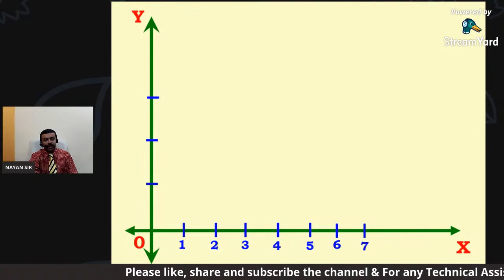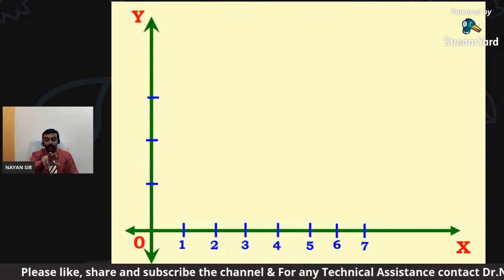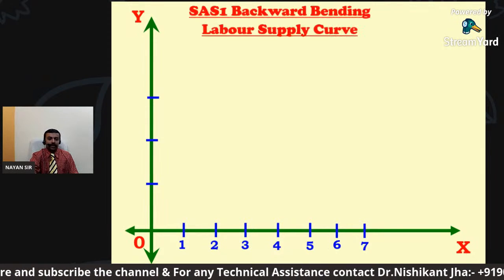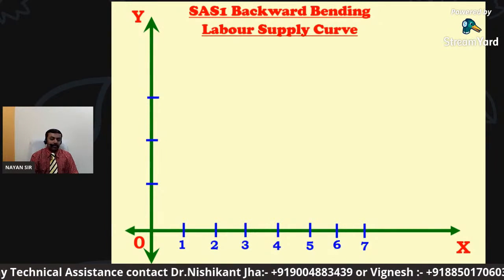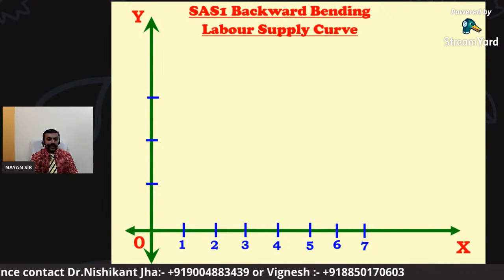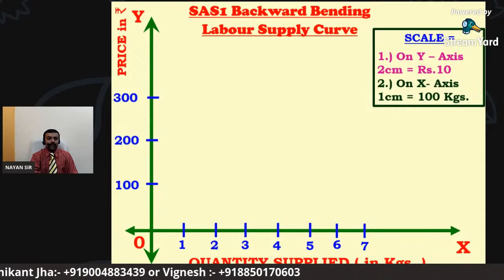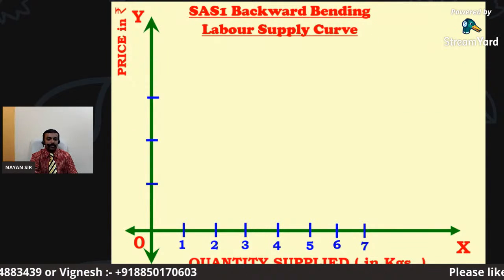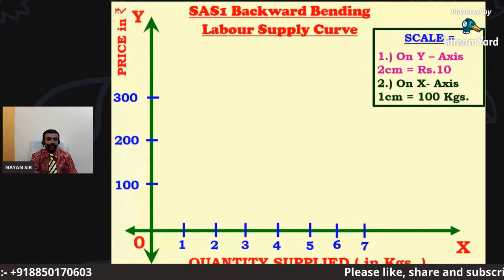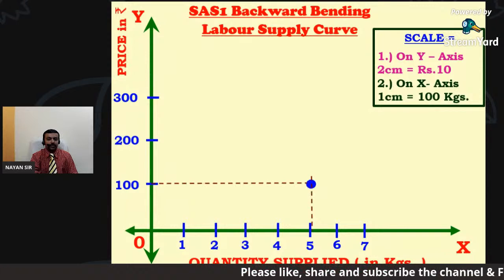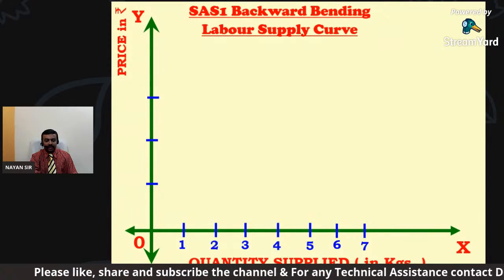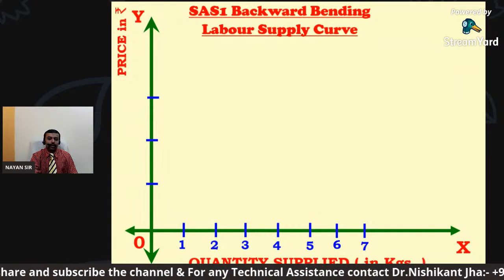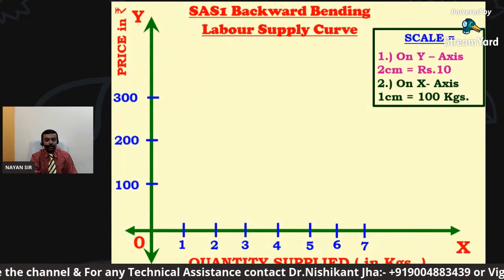Give the heading: backward bending labor supply curve, labor supply curve S1. Quantity supplied on the x axis while price on the y axis, and then you label it. This is very important. On the y axis 2 centimeter is equal to 10 rupees, and on the x axis 1 centimeter is 100 rupees.